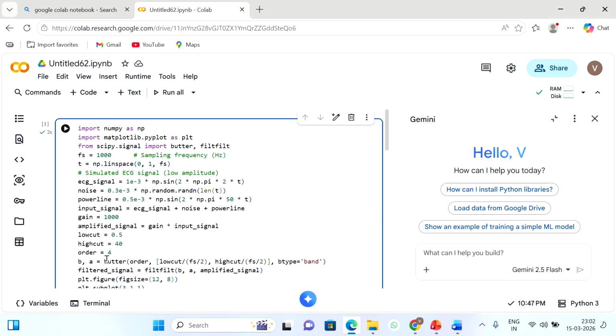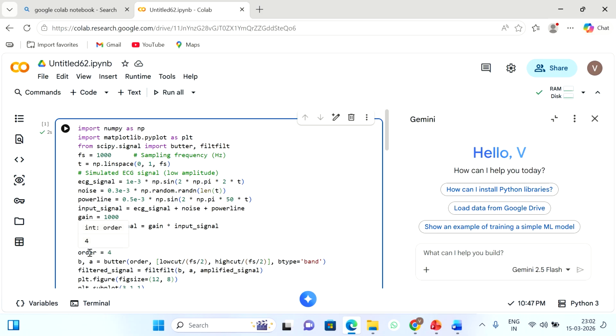And then b comma a is equal to butter, open bracket, order comma low cut divided by fs by 2, and then high cut divided by fs by 2, btype is equal to band. So what is the meaning?